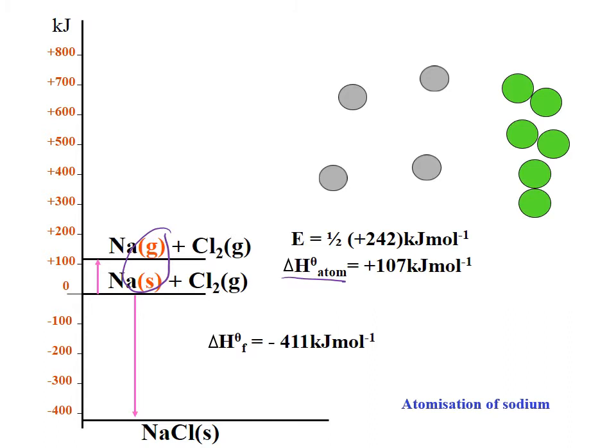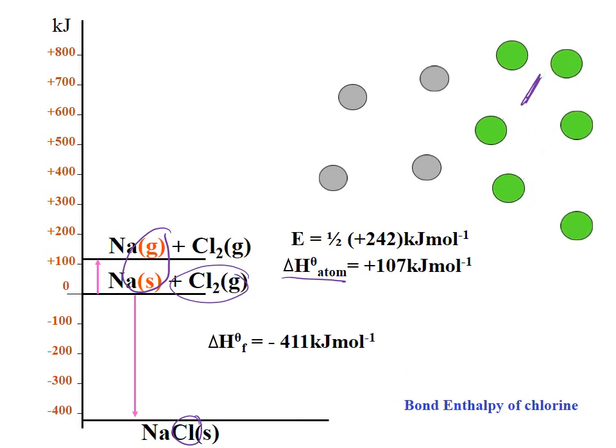Next, we have this little problem with Cl2. We only need one chlorine total, so we need to break the bond between the chlorine atoms because they are diatomic. We want to separate those. So we're going to use bond enthalpy to separate them, and that bond enthalpy is 1/2 of 242. Why is it 1/2, I ask you?